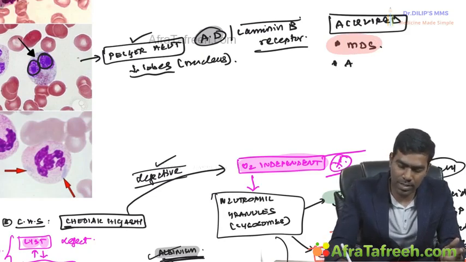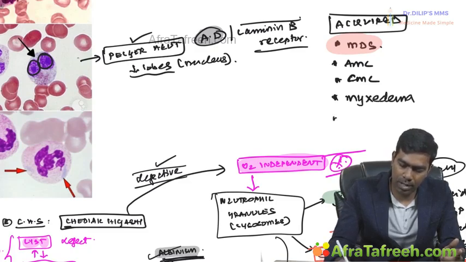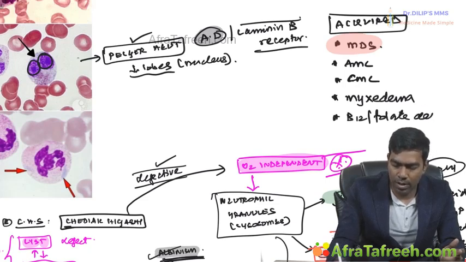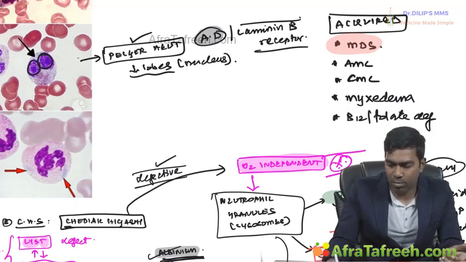But apart from that, you can see it in AML, you can see it in CML, you can see it in myxedema, hypothyroidism, and you can see it in B12 and folate deficiency. But as far as I know, the very important one is MDS, which is due to ineffective erythropoiesis producing dysplastic neutrophils.